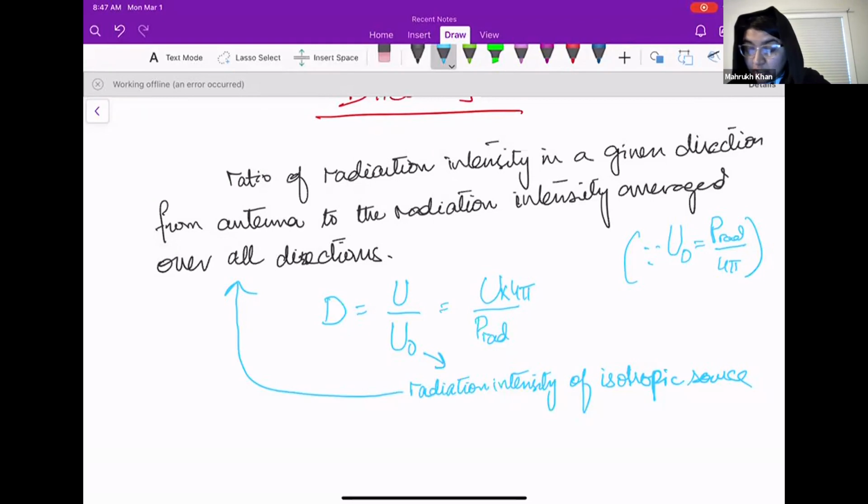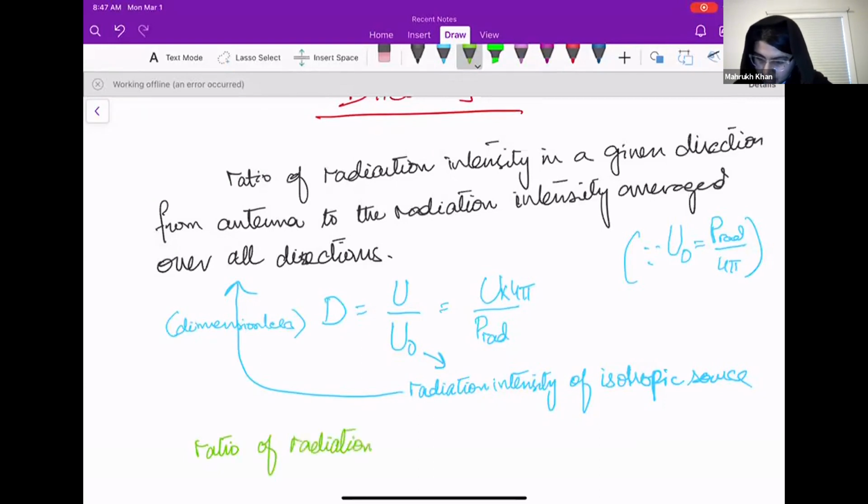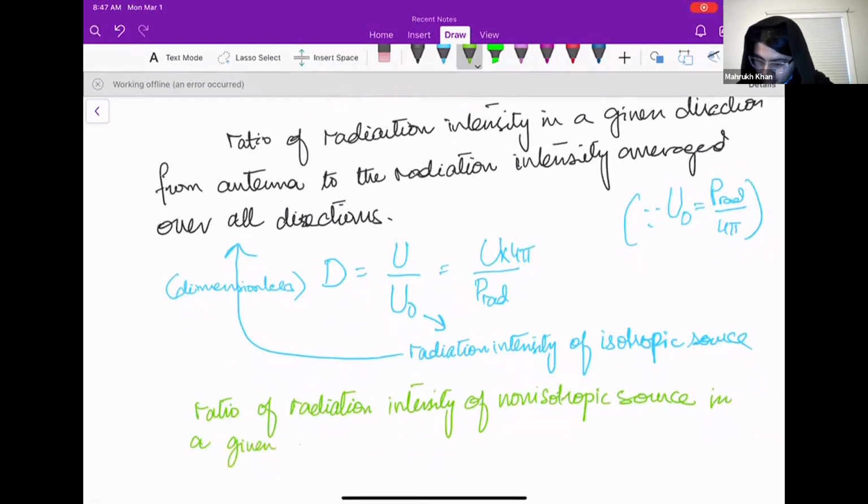And in simple terms, you can also state that directivity is the ratio of the radiation intensity of a non-isotropic source in a given direction over that of an isotropic source.